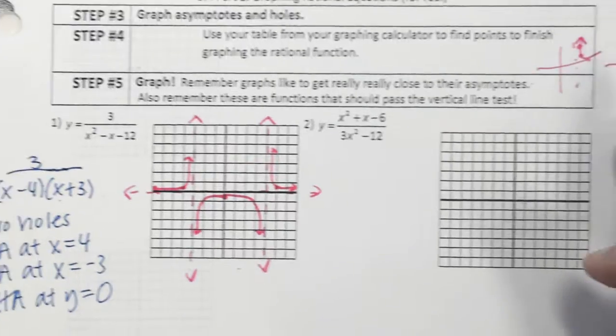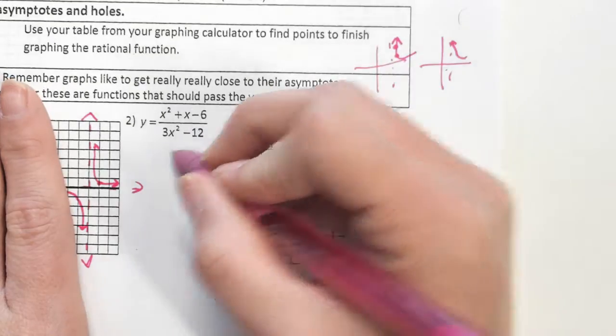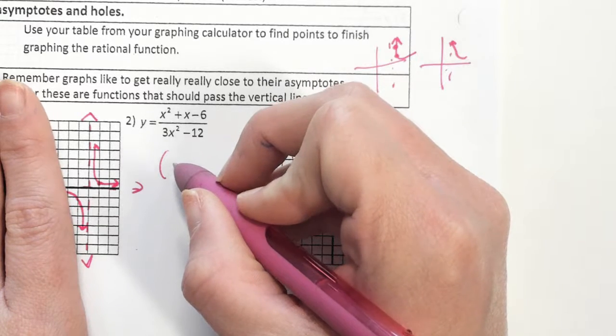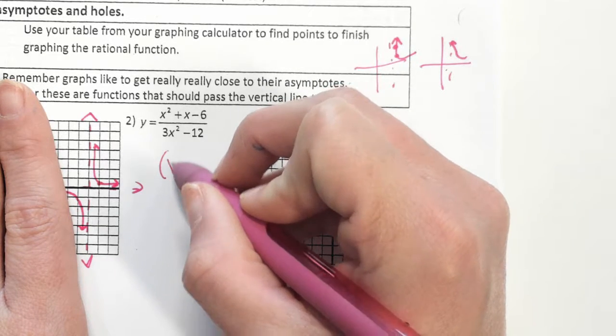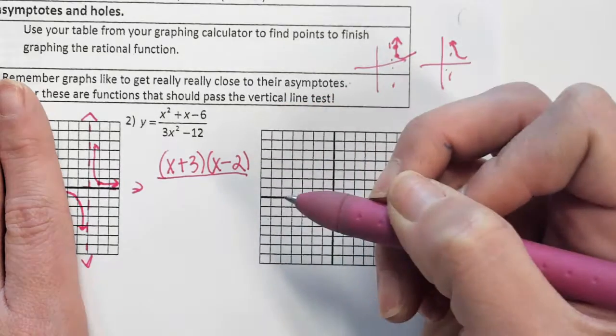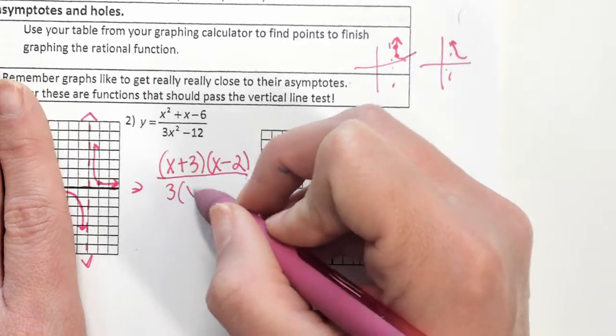Alright, let's try this next one. First, I start by what? Alright, so Plunkett, how do I factor the top? Very good. And Bryant, how do I factor the bottom? 3x squared minus 4.